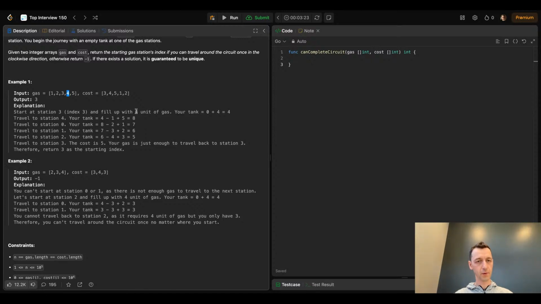Fill up with 4 units of gas, so your tank is 4. Travel to station 4, so it's 4 minus the cost of 1. At the next station, you get 5 units of gas. Then travel to station 0.